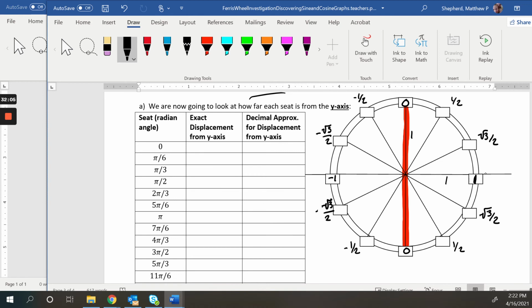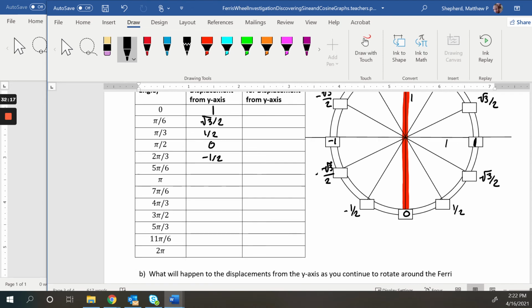One of the big differences is where did we start? We started at 1 this time. But I can go ahead and fill in this table pretty much the same. Oops, negative square root 3 over 2, negative 1.